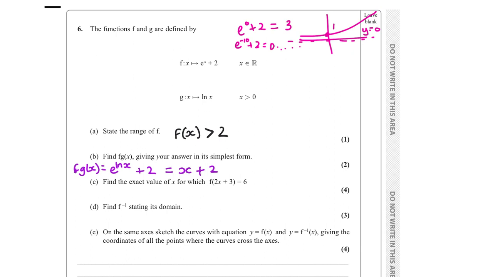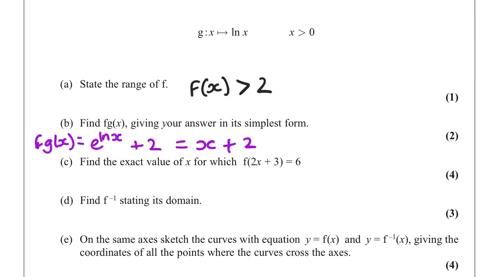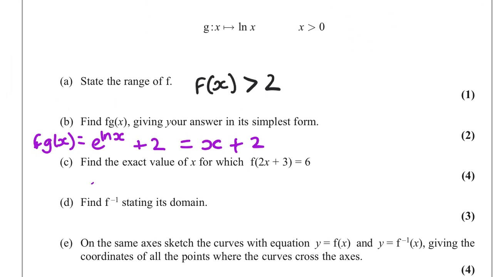And then it says, find the exact value of x for which f of 2x plus 3 equals 6. Okay, so in our f, everywhere there's an x, we're going to substitute in 2x plus 3. So I'm going to have e to the 2x plus 3 plus 2 equals 6. So e to the 2x plus 3 equals 4. So now what am I going to do? I'm going to ln both sides.